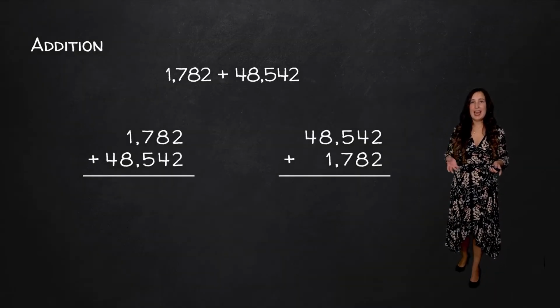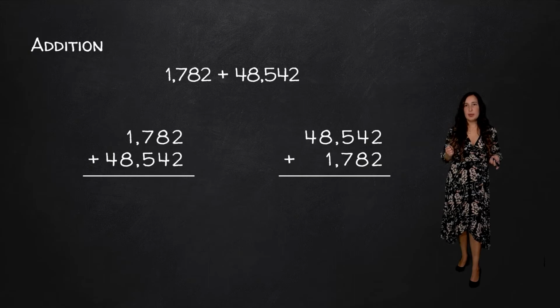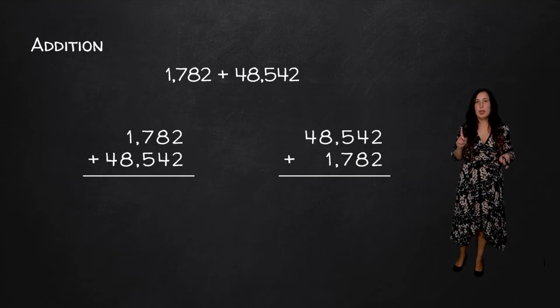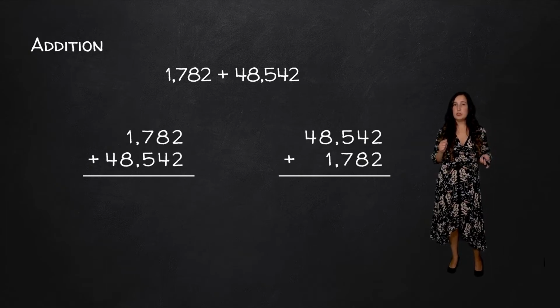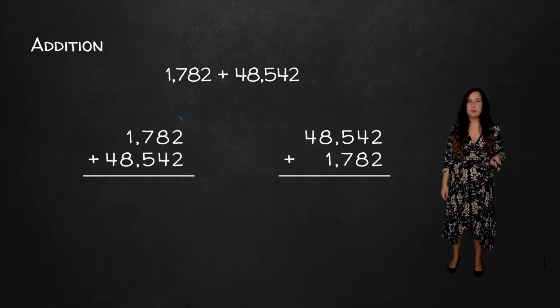So here we're going to add both numbers, except we're going to switch the order and see what happens, all right? So here, even though I don't have my place value chart, we did line up the place values, and we're going to do both examples to see if that property is true, okay? Will we get the same answer? It should be true, but let's prove it.